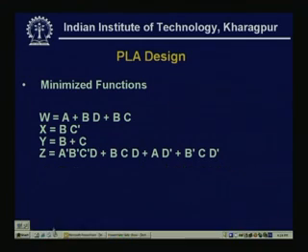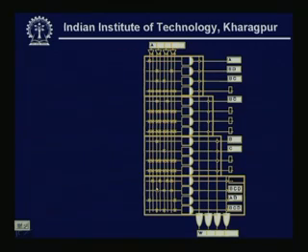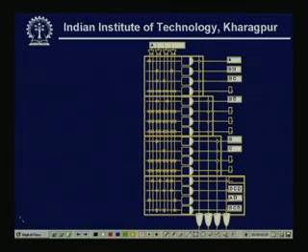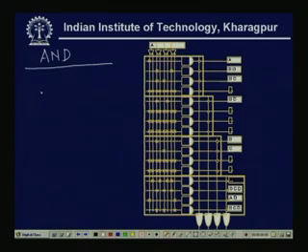Now, how can we design the PLA? If there are 4 inputs, for the AND plane, the number of rows is the number of different or distinct product terms.